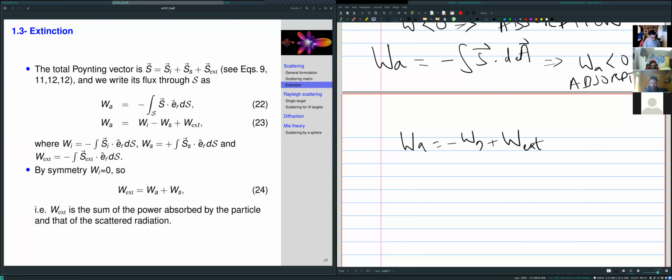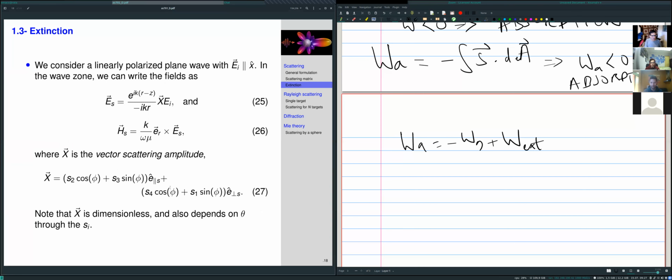Okay, good. So what follows afterwards is just very painful and tedious calculations. We want to relate the extinction with the scattering matrix and calculate the phase function.